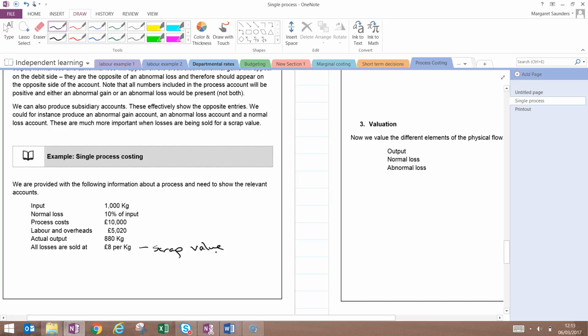First thing to do is to think about the quantities. So we need our physical flow. So our input is 1,000. Normal loss is 10%, our actual output 880. So if we look at putting those figures into the physical flow.